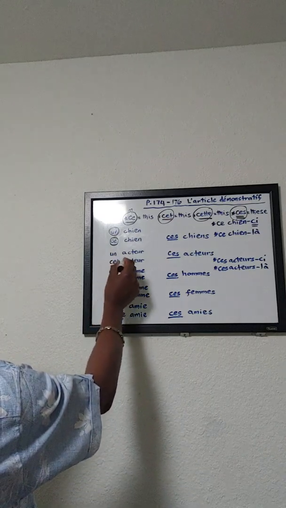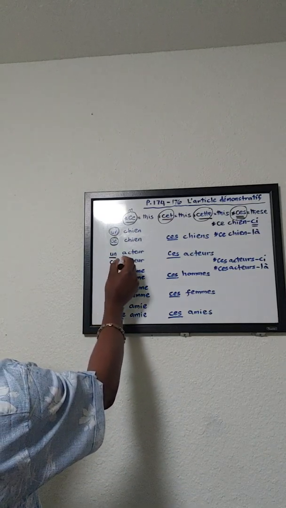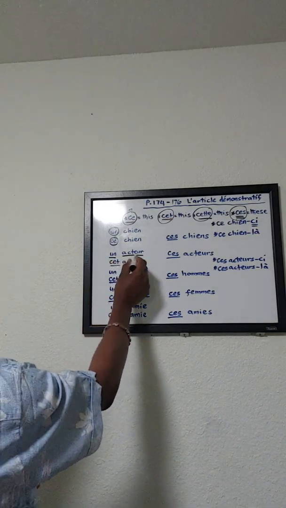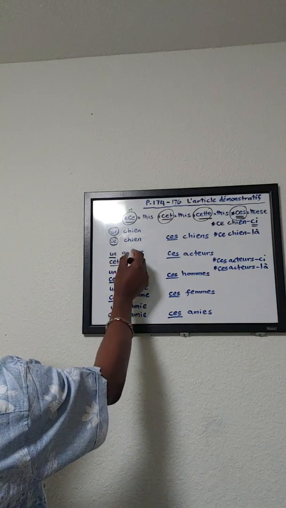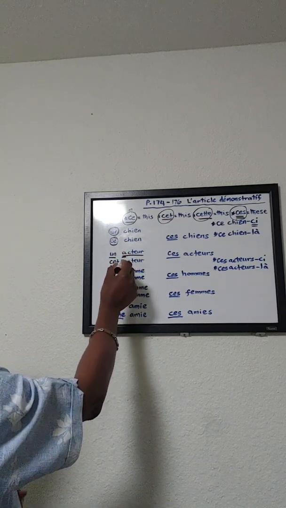Now look at the second one. Un acteur, another masculine noun. But this time around, you realize that this masculine singular noun begins with a vowel.